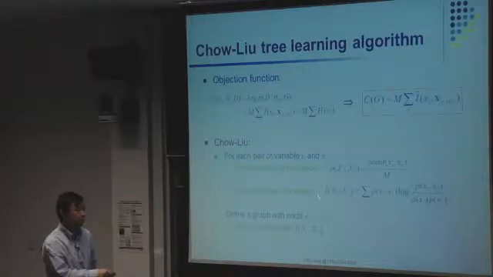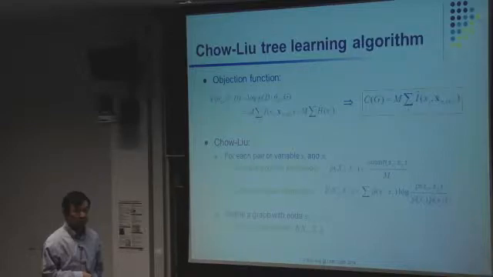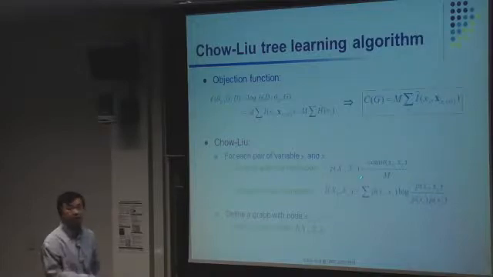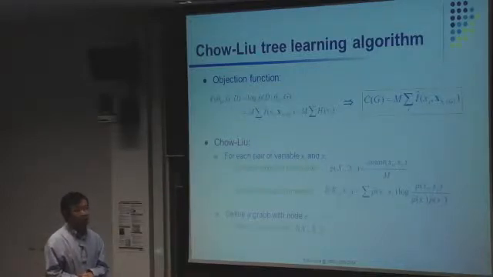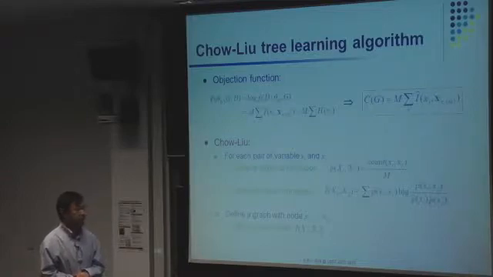So you can compute empirical mutual information directly from the data for every pair of nodes. You can pre-compute this based on data for every pair of nodes, and then you basically have the information for all possible parents of a particular node.